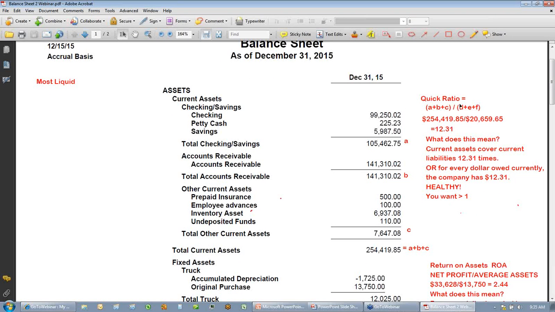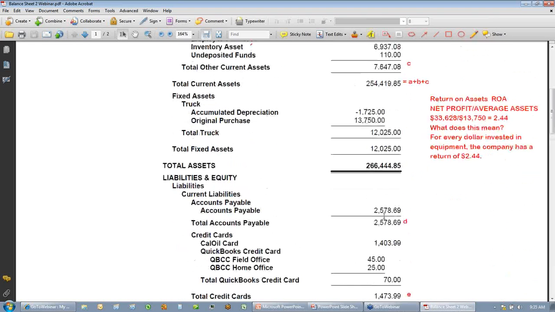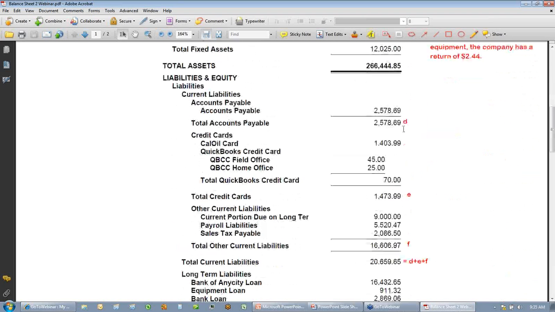Now I have to divide that by D, E, and F. If I cruise on down, I have my current liabilities: accounts payable, my credit cards, my taxes, and my current portion due on long-term debt. A lot of people don't do this, but it actually is a current obligation. The amount that you owe on your debt for this current cycle is a current liability and should be considered in this calculation. So our total current liabilities for this period is $20,659.